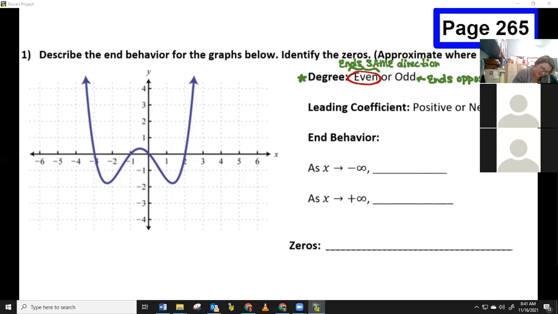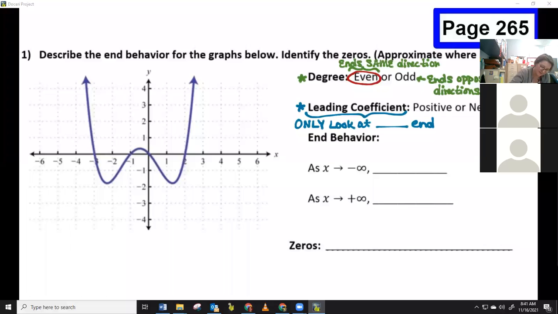All right, now let's look at this leading coefficient thing. I only look at which end for the leading coefficient? Right.